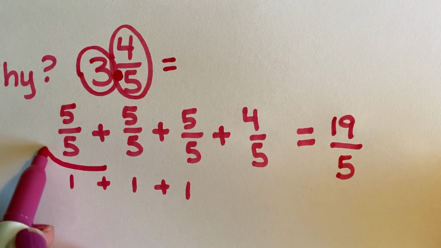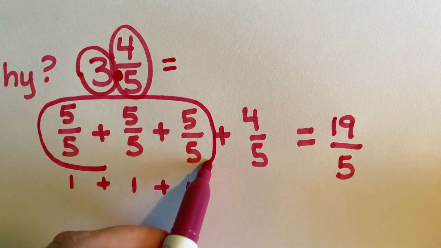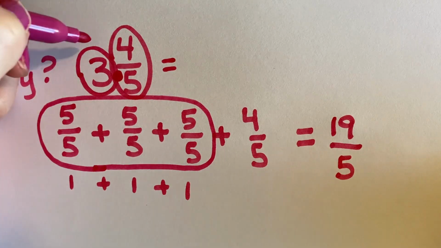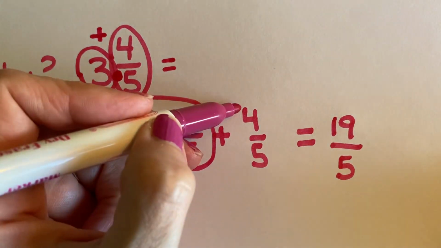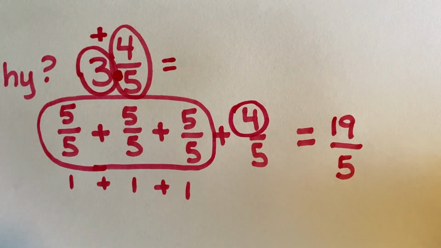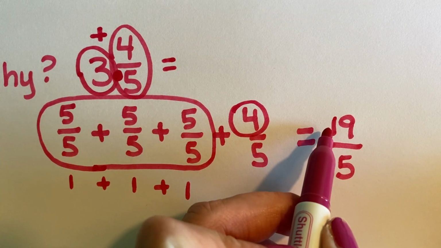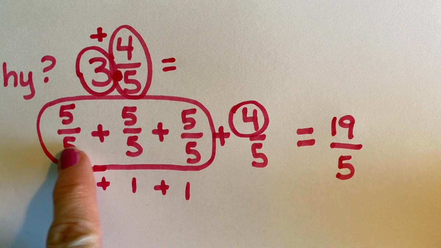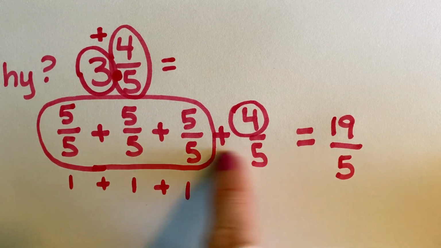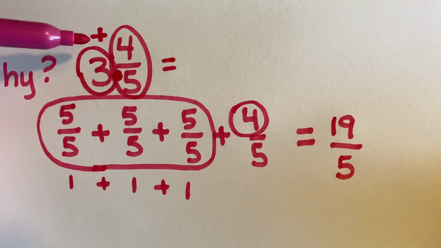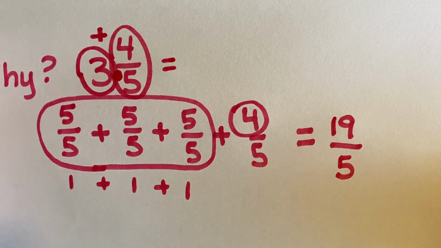That's this part. You have 3 5s. And then you add the part, you add the 4, and that gives you the 19. So instead of doing it this longer way each and every time, we do the shortcut. But that's the reason why we do it.